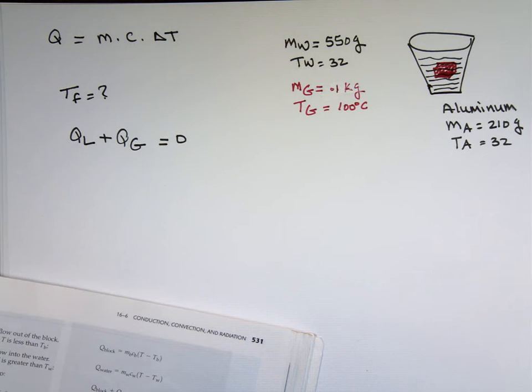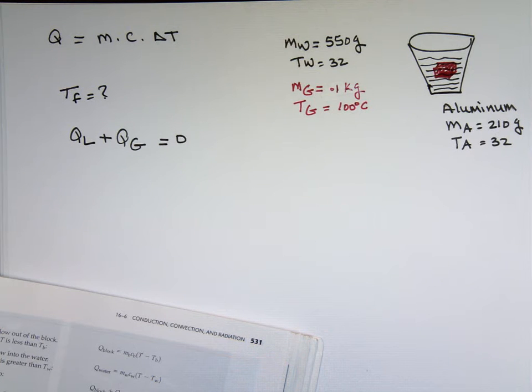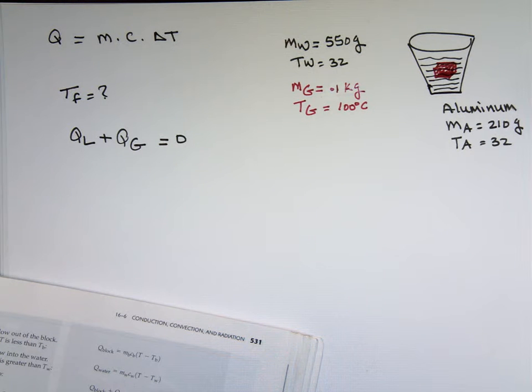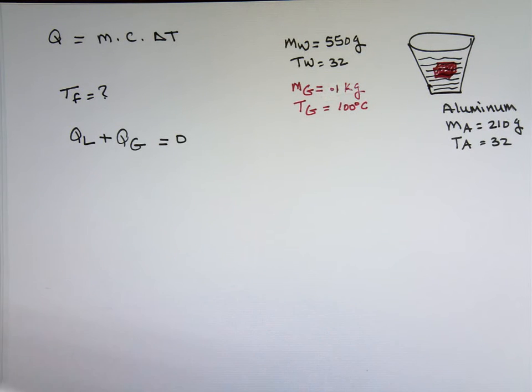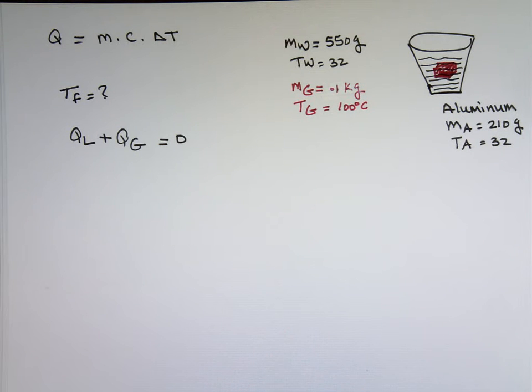I didn't say equal to each other because one is going to be positive, one is negative. Q gained is positive, Q lost is negative. So they'll never be equal to each other. They'll be equal in absolute value. So positive 50, the other one is negative 50. So when you add them, the result is 0.